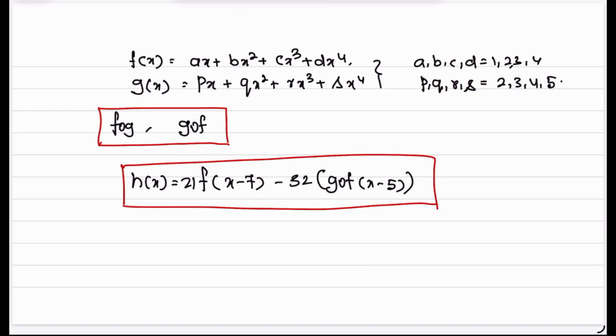I have given function x, the simple one, function x minus 7 into g of x minus 5. It can be sin x, cos x, tan x. Imagine.